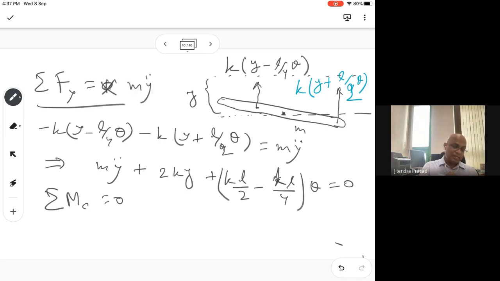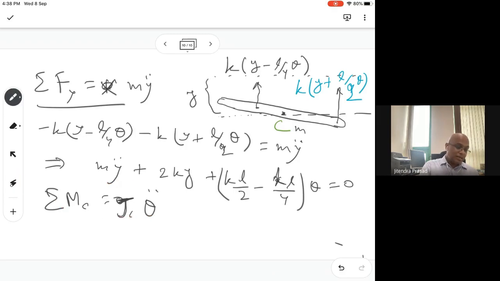It is not a static problem, so we will have m y double dot, and here this will be the summation of all the force moments about point C, which has to be equal to JC. So we have JC given, and then theta double dot. So in a rotational system, we have this equation, right?